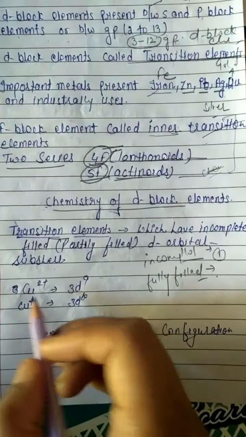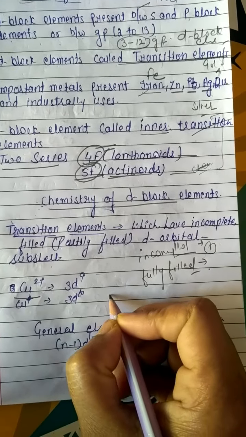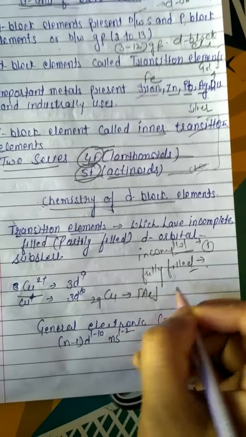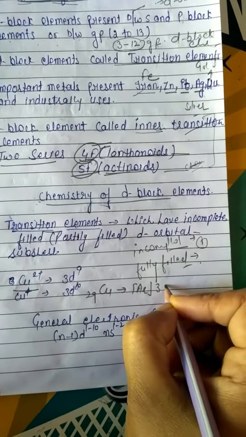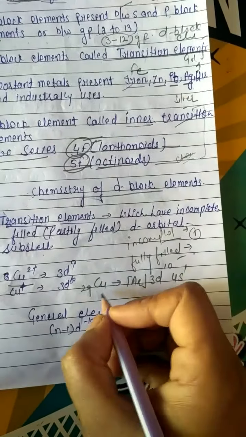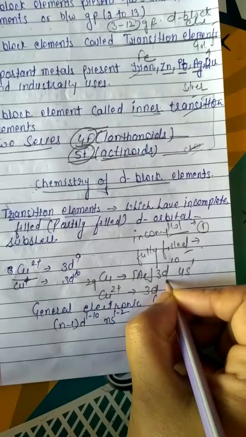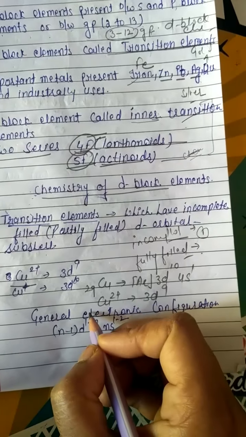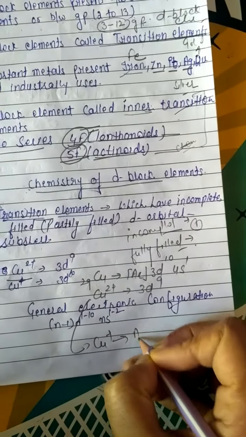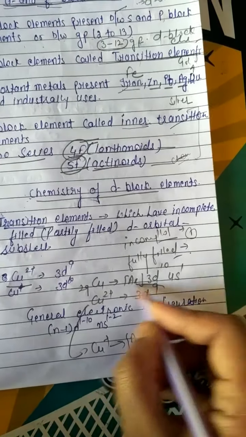I am taking the example of copper 2 positive. Copper has atomic number 29, its configuration is argon 3d10 4s1. For copper 2 positive, it remains 3d9. But if we take the example of copper positive, the configuration is 3d10.